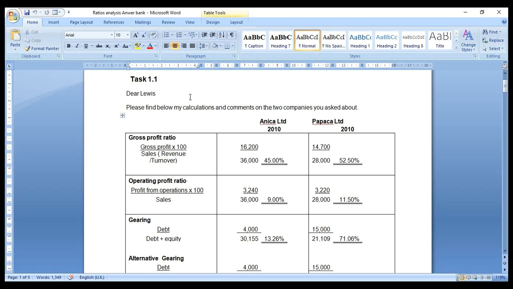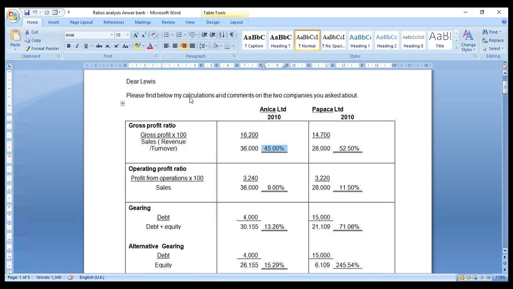Last year the other company, Papika, was 52. So which one is better? If we compare the two companies, Papika and Anika, Papika was better because it has a higher profit, 52 against 45, so 7 points higher.